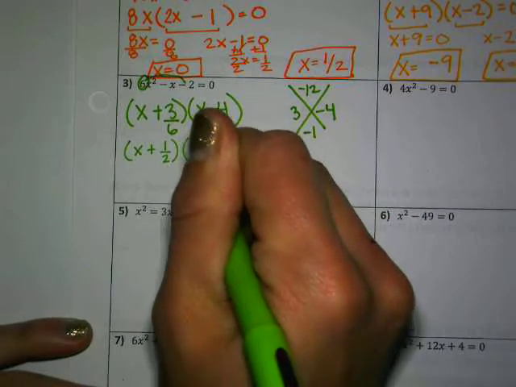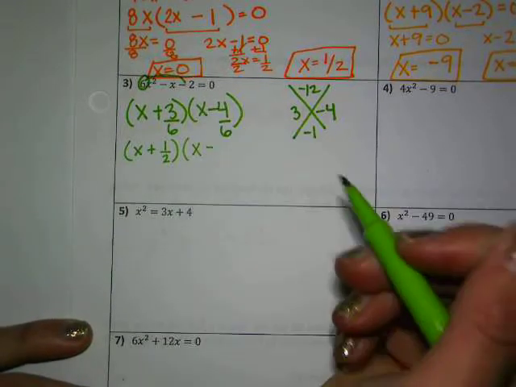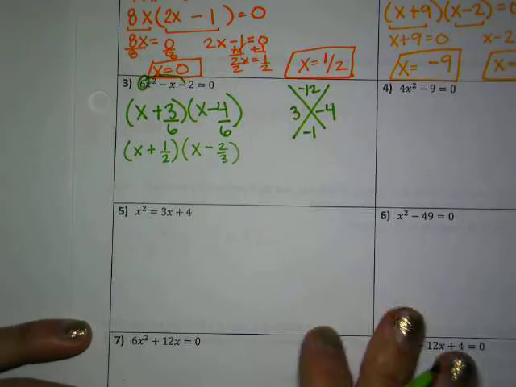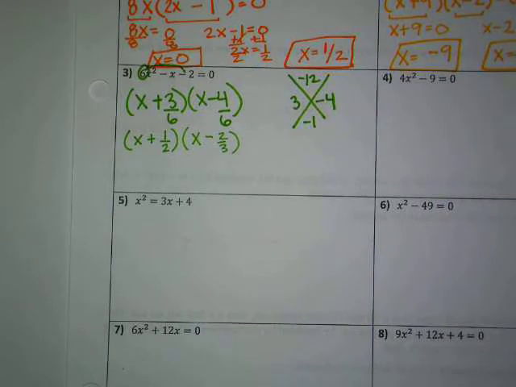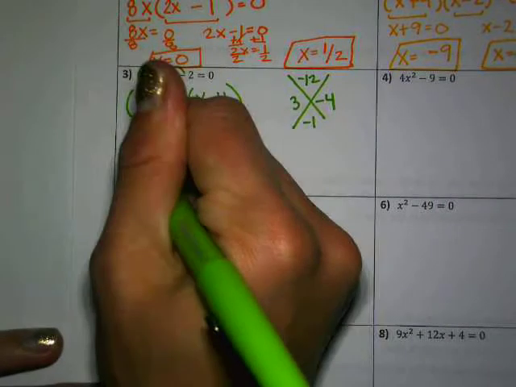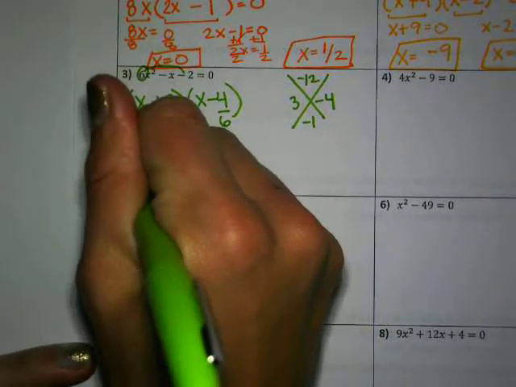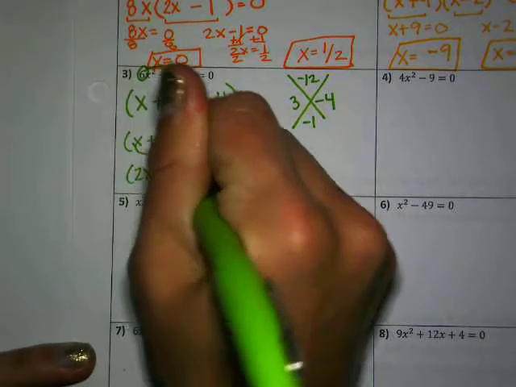And 4 divided by 6 reduces to 2/3. After you reduce, if there's anything left on the bottom, we're going bottoms up. 2 comes up, 3 comes up. 2x plus 1, 3x minus 2.